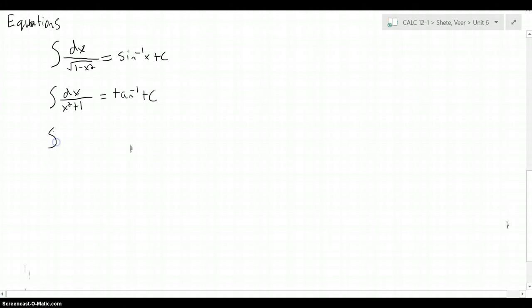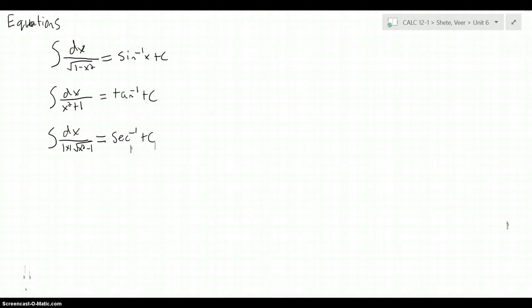And then the integral of dx over the absolute value of x multiplied by root x squared minus 1, as you might expect, as it's completely related to its derivative function, would be inverse secant plus c.